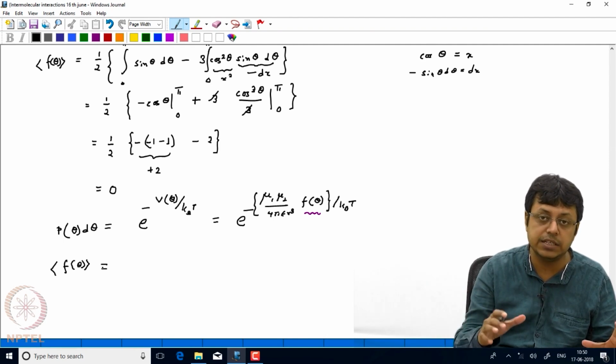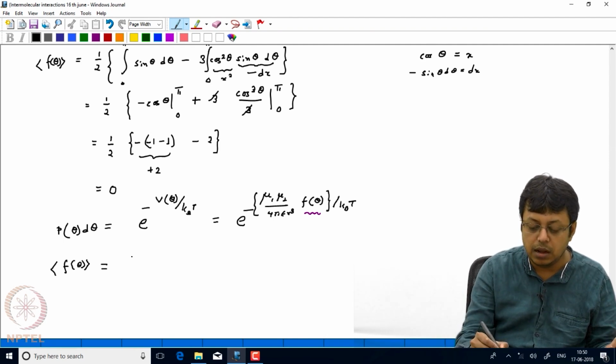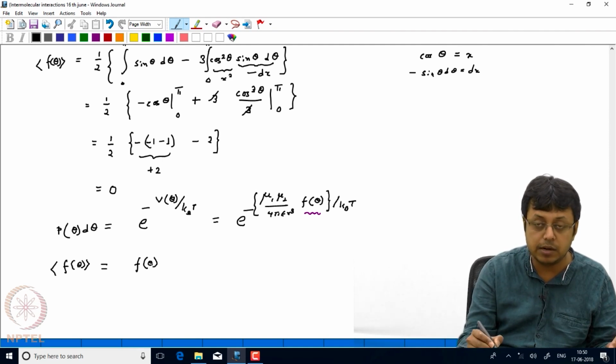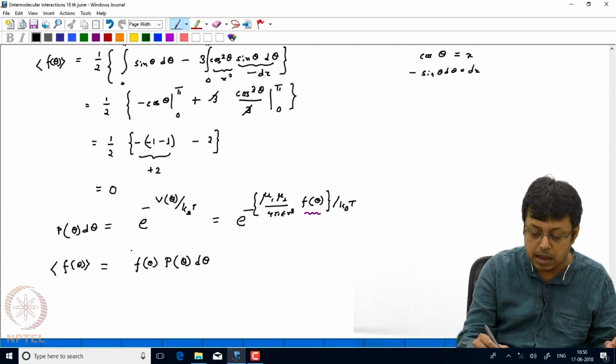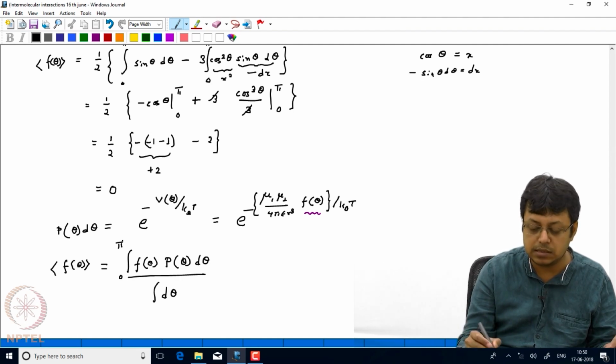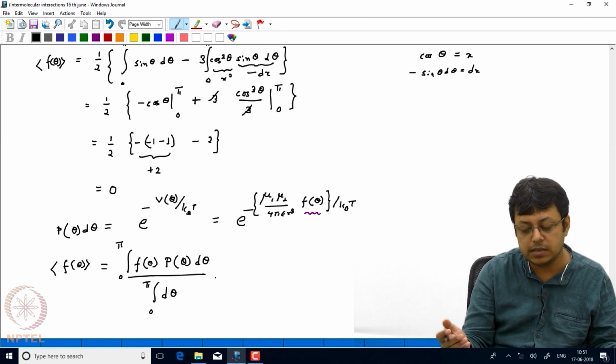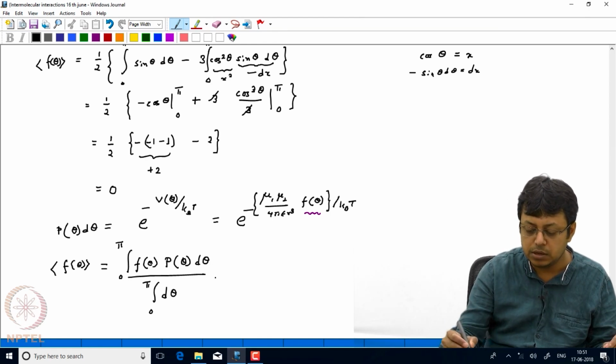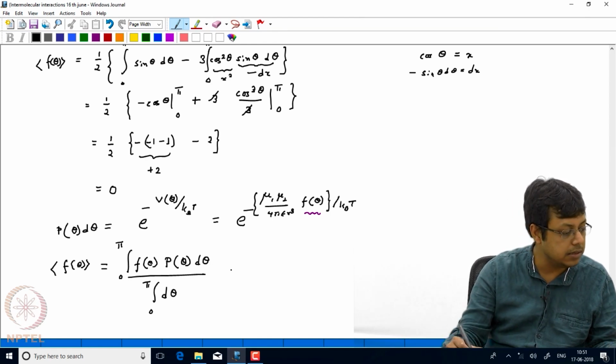The reason is the energy actually depends on the orientation, and all we have to do is take the function whose average we want to calculate, multiply it by the probability distribution, and divide by all possible angles. Because we are trying to keep this as a normalized function, we could have integrated over phi also, but phi's integration will just cancel with each other. So what we'll get is something like this.